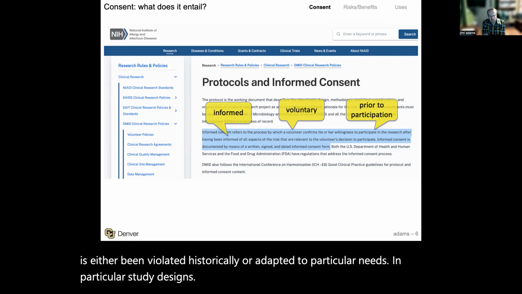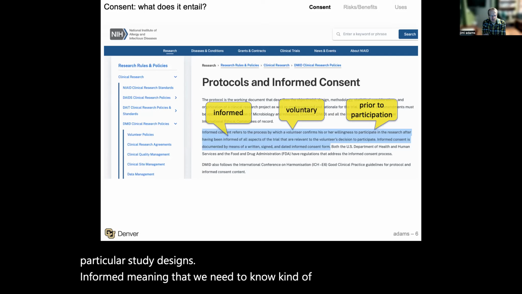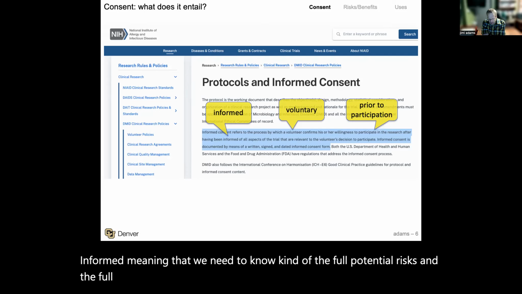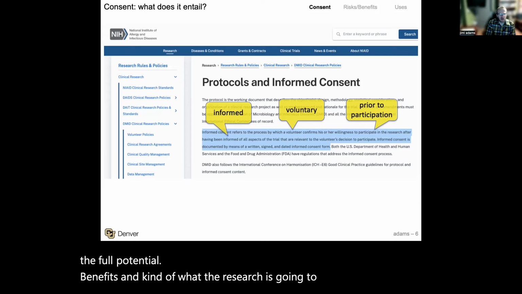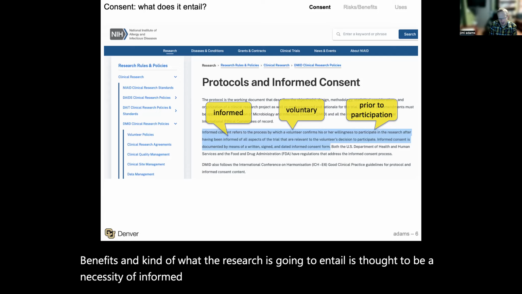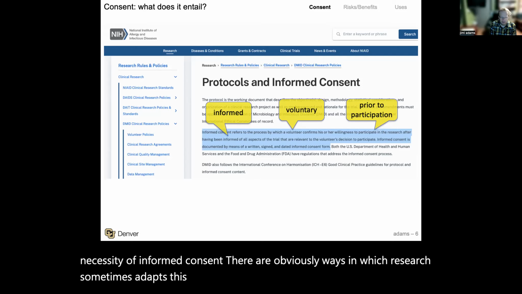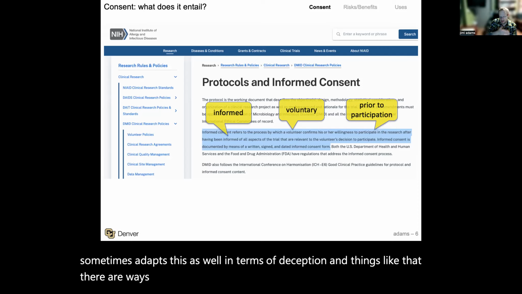Informed, meaning that we need to know the full potential risks and the full potential benefits, and what the research is going to entail, is thought to be a necessity of informed consent. There are obviously ways in which research sometimes adapts this as well in terms of deception and things like that. There are ways that gets addressed.